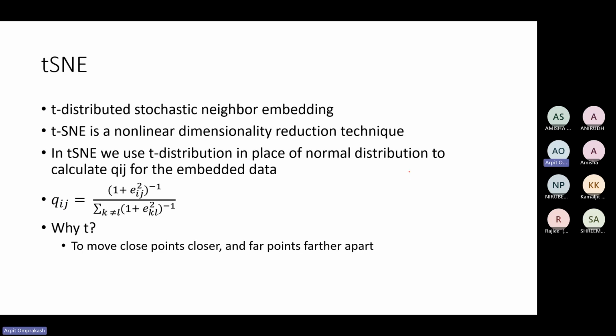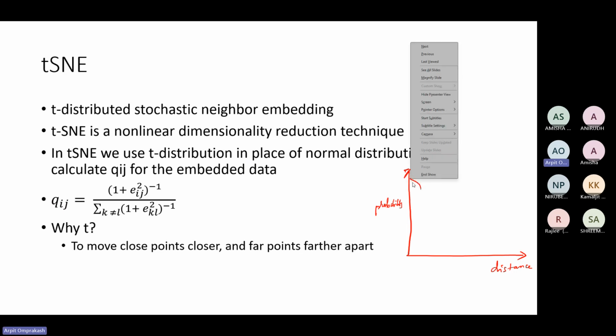So basically how it happens is, let's say this is a distance measure and this is your probability measure, right? Or similarity measure.